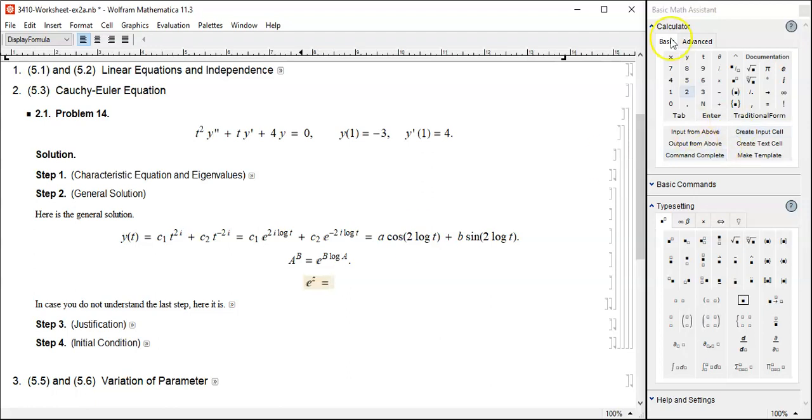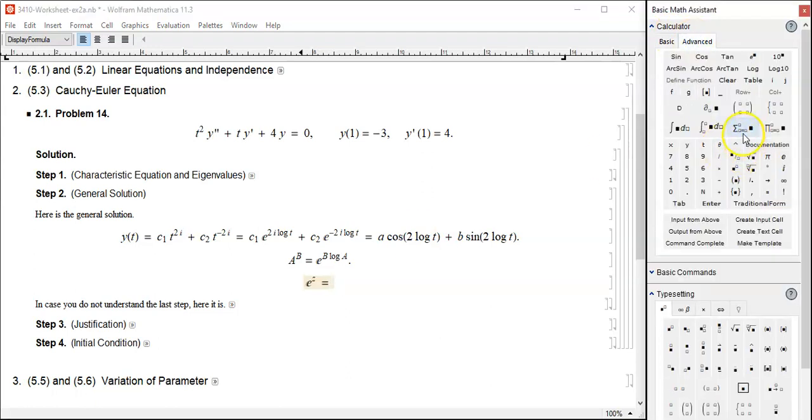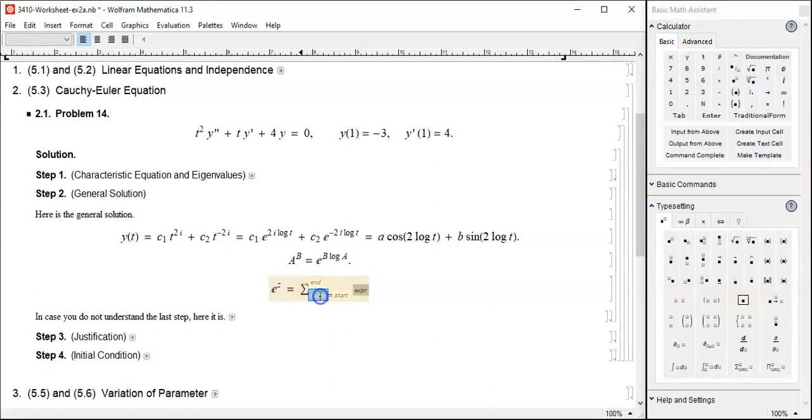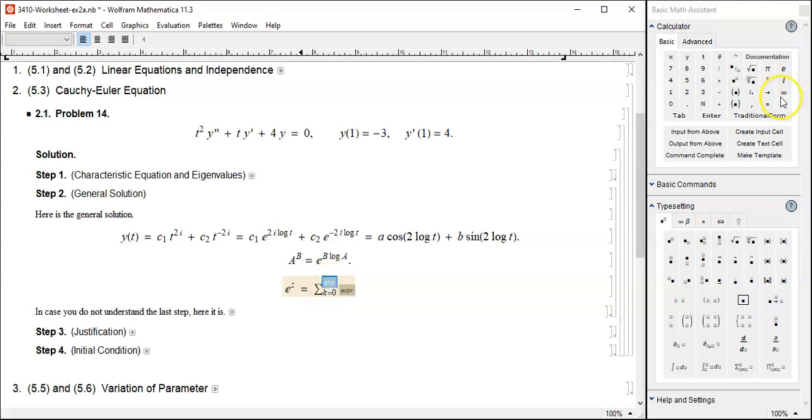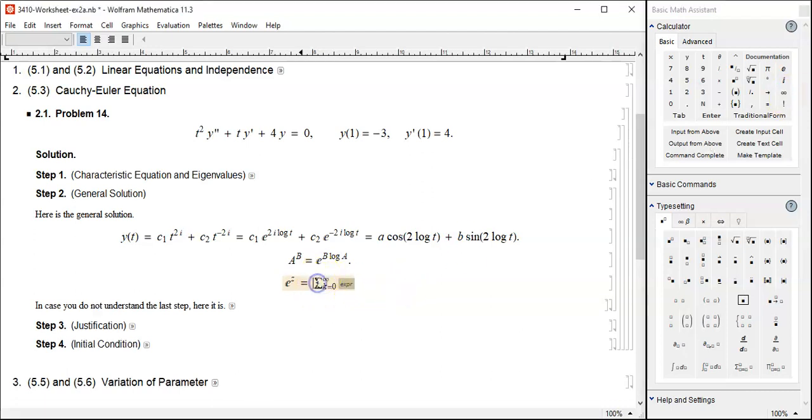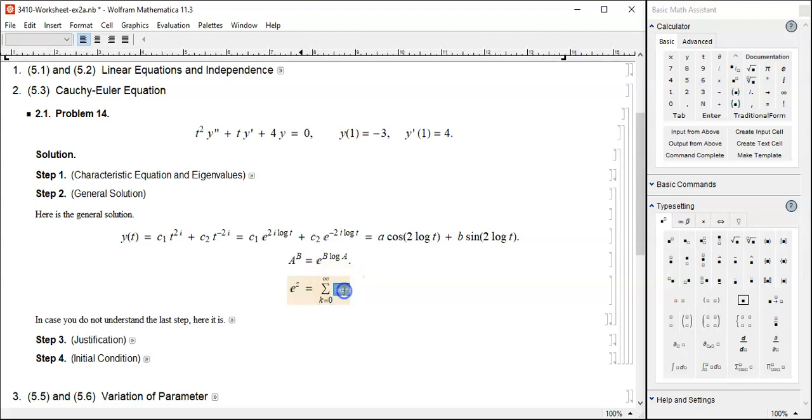anybody remembers this? The sum with k running from 0 to infinity of z to the kth power over k factorial, and you can define your exponential function like this.